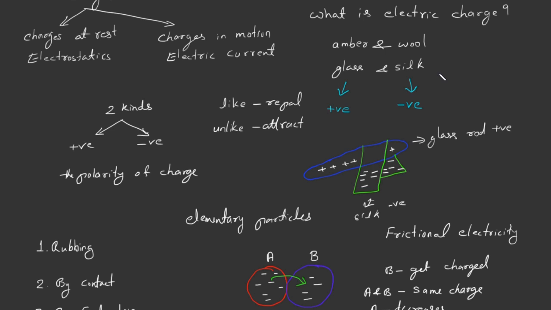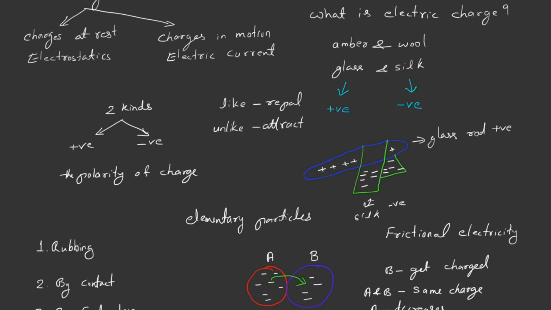Also, a familiar example we discussed is when a comb is passed through dry hair, it gets a property to attract small pieces of paper. In both these cases, amber or comb got charged, but paper didn't get any charge. Then how are these paper pieces attracted towards these charged bodies?